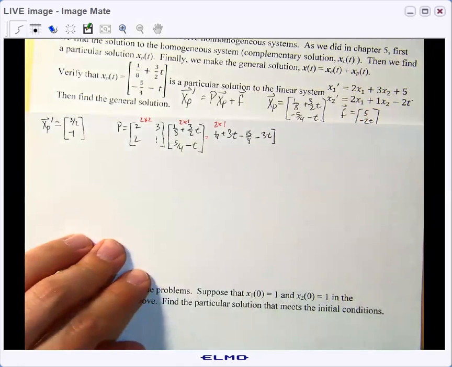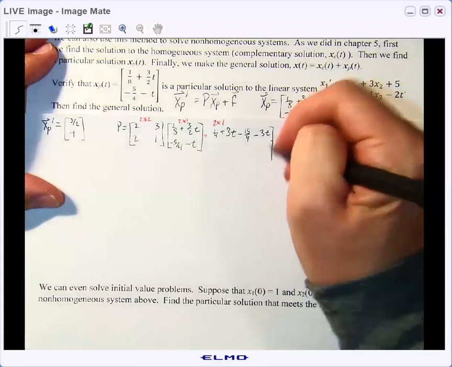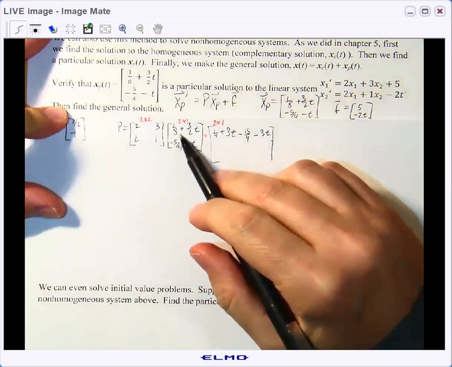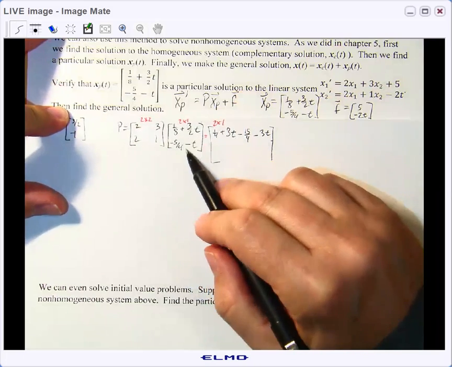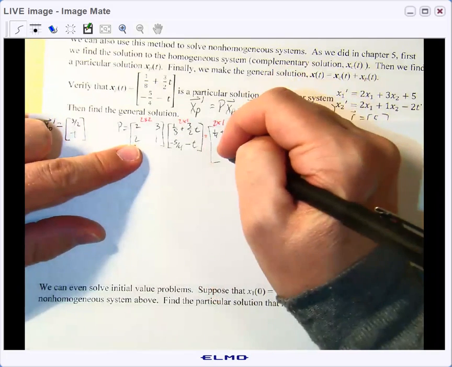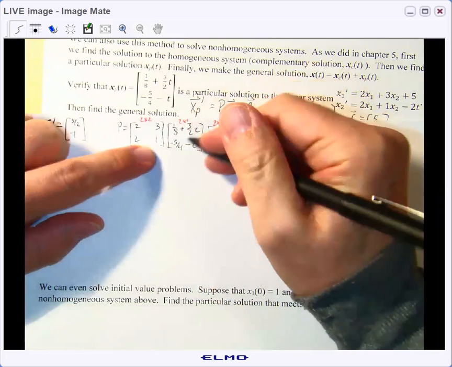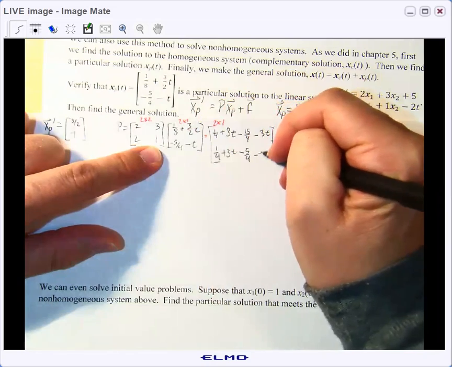Okay, we have to be a little bit careful because of the plus. So first row times first column: 2 times 1/8 is 1/4 plus 3t, and then minus 5/4 minus t.